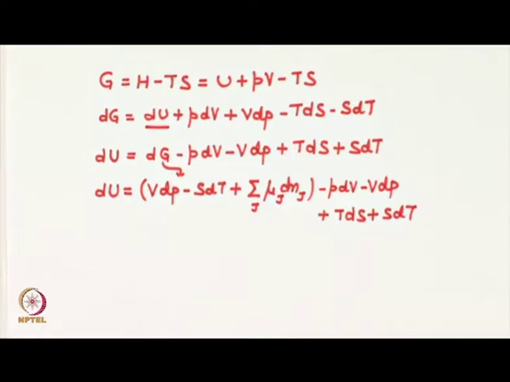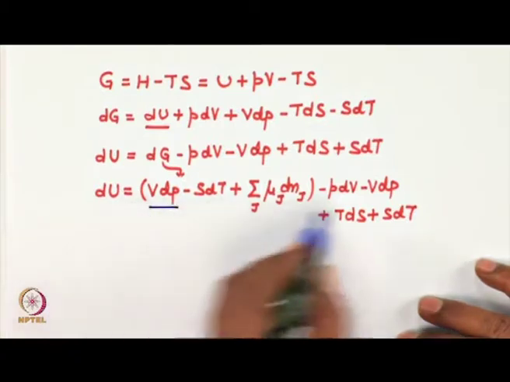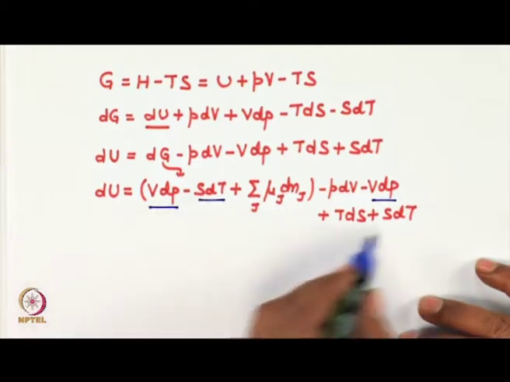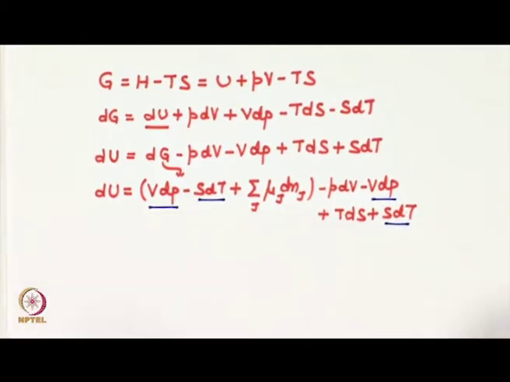The quantities which are going to cancel are VdP with VdP, minus SdT with plus SdT. These are going to cancel.